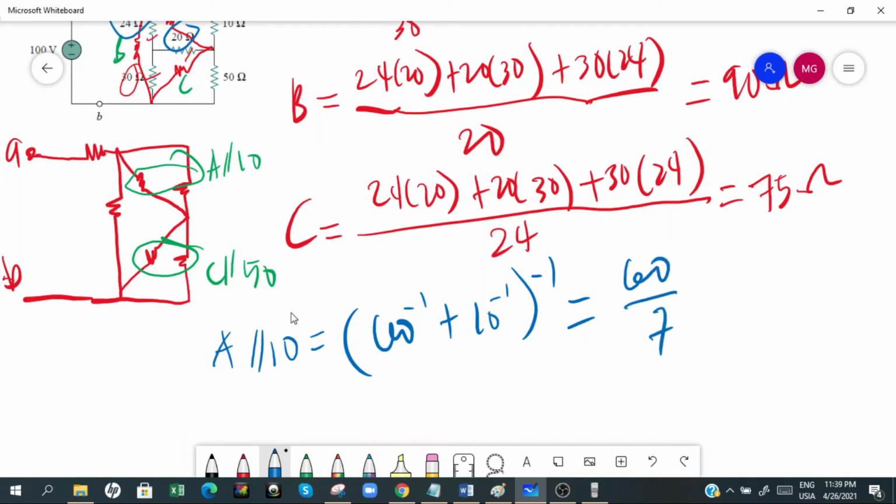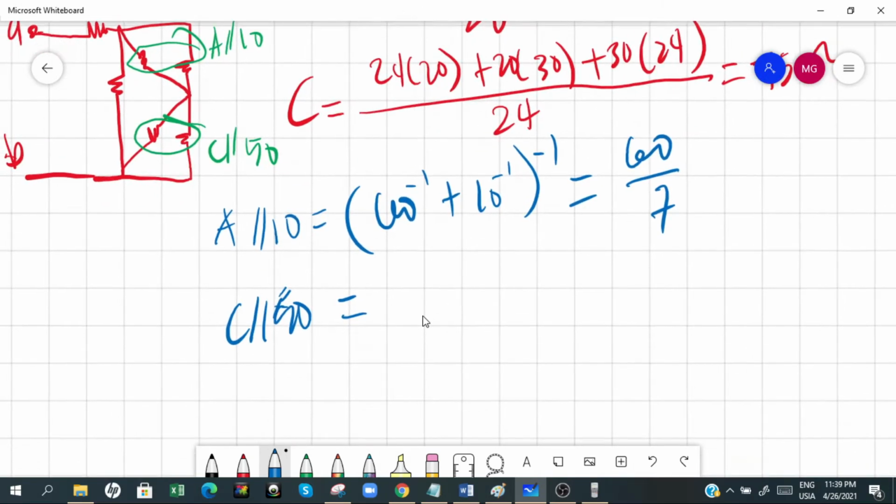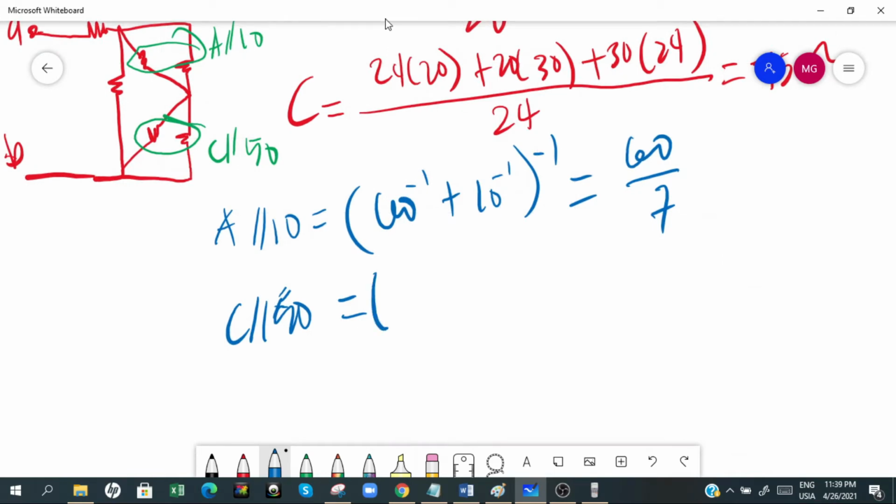Now this is C parallel 50, and C is equal to 75. So this is 75 inverse plus 50 inverse, then inverse everything.